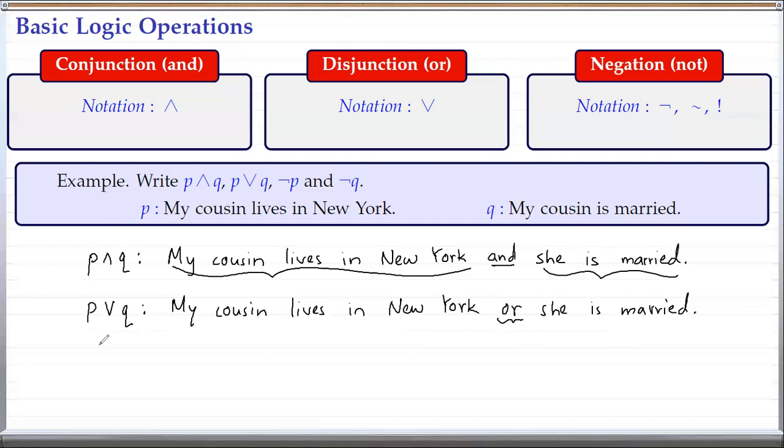Next, we want not P. Not P is simply the negation of P. My cousin does not live in New York.